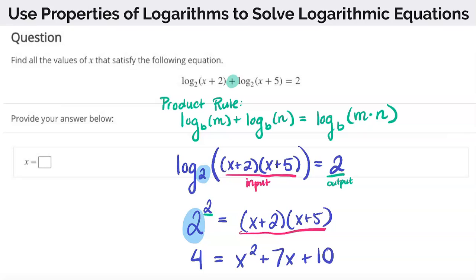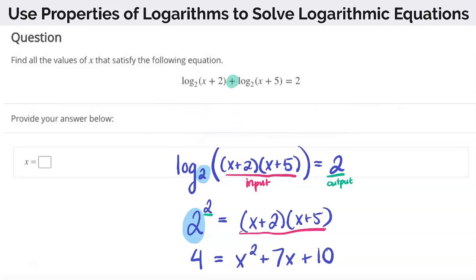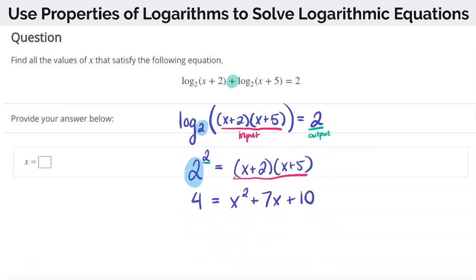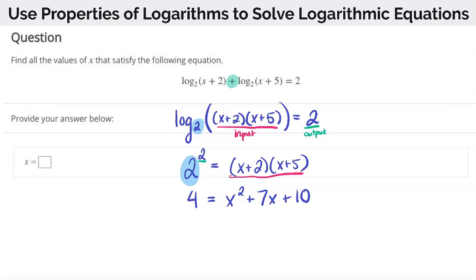And now if we just scoot that 4 to the other side, we'll have the equation equal to 0, and we can factor from there to solve, right? So I'm just making a little more room so we can keep solving this here. So if we bring the 4 over, we'll have 0 equals x squared plus 7x plus 6.